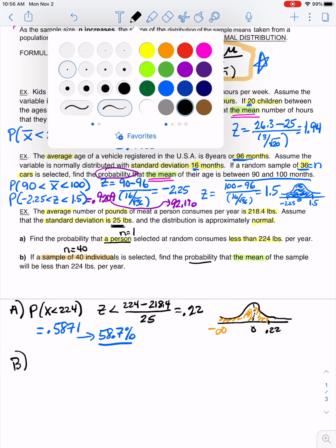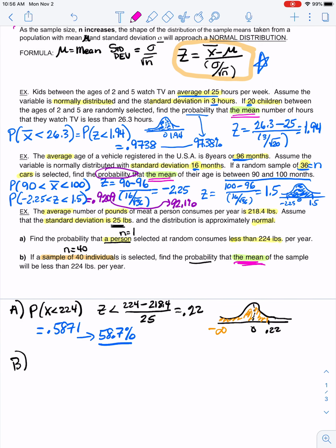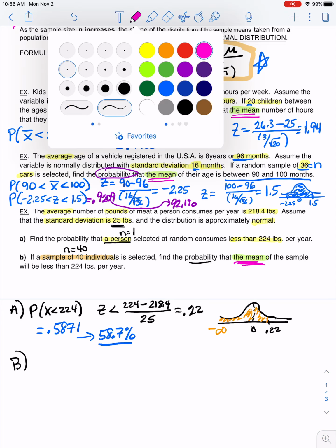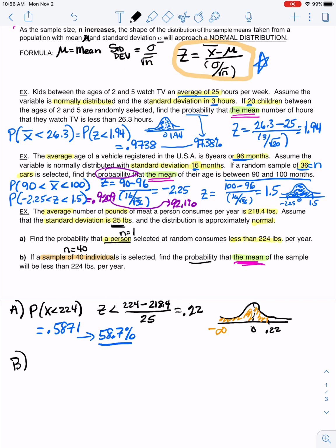The mean of the sample will be less than 224 pounds per year. So this time you have x bar less than 224.